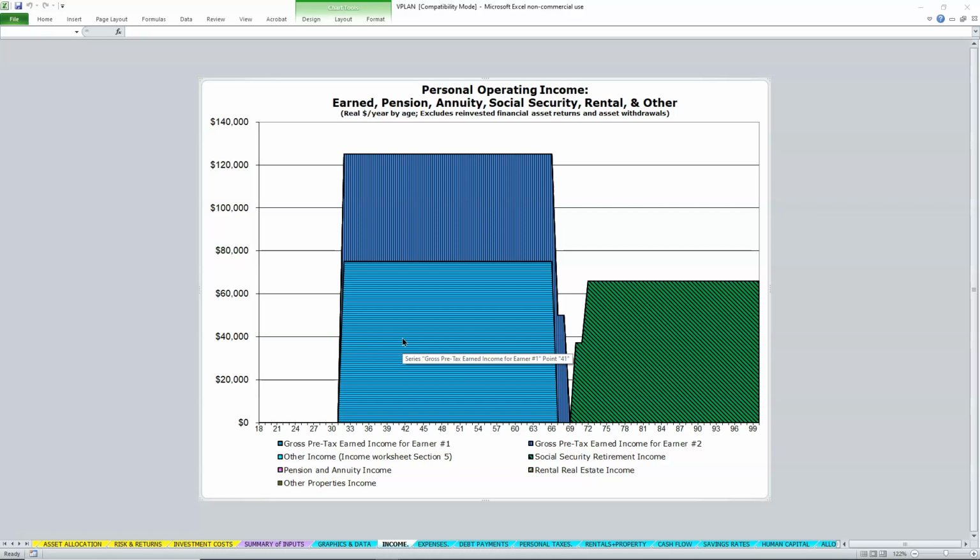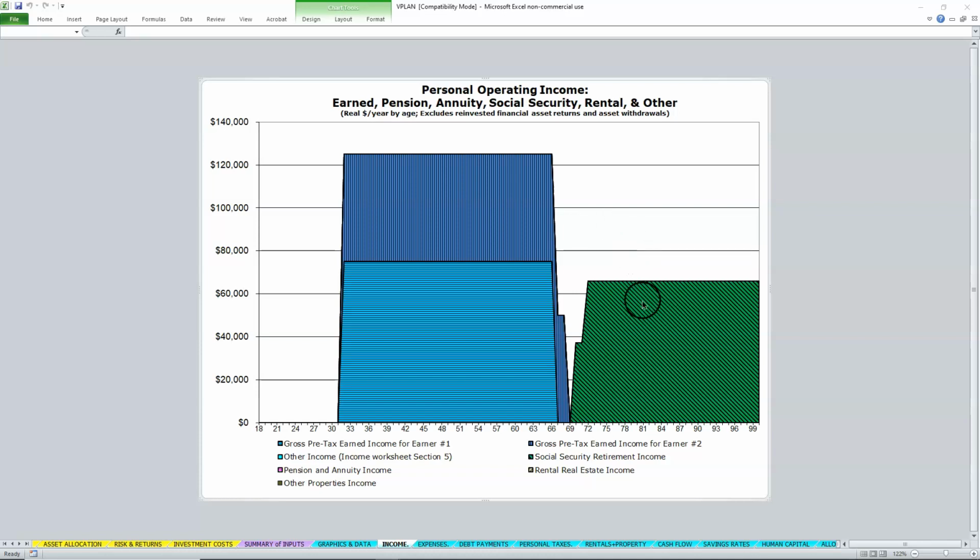For this income graphic, the light blue area with horizontal bars is the wage and salary income of earner number 1. The darker blue area with vertical bars is the self-employment income of earner number 2. Note that earner number 2 works for 2 years more than earner number 1 because there is a 2-year age difference.